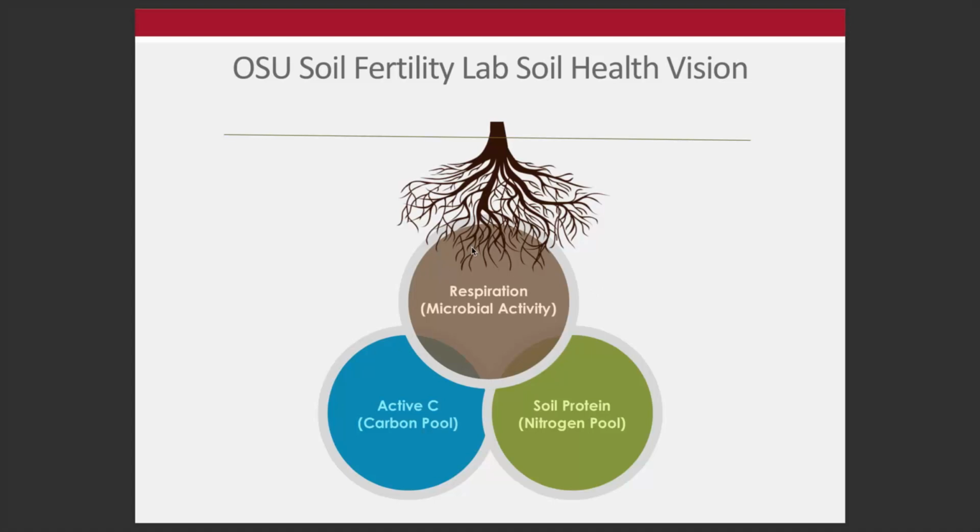I'm going to get into each one of these in a little bit. We've got active carbon, which is a measurement of the labile carbon pool. And we've got soil protein as a measurement of an organic nitrogen pool. So collectively, we think that these measurements are related, but not redundant, and they're complementary in terms of the information that they provide. Okay.